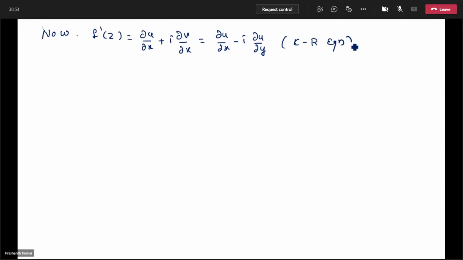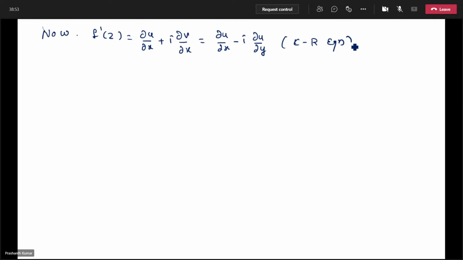In Milne's method, if the real part is given, we directly change x to z and y to 0 in the given function f of z equal to u of x, y plus i into v of x, y, and we find the f of z value.